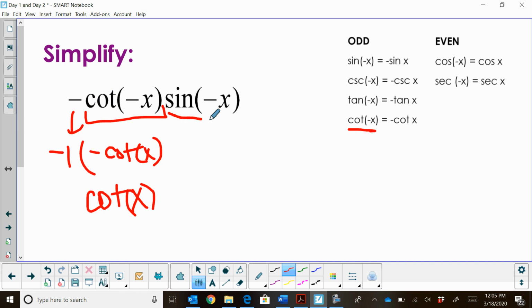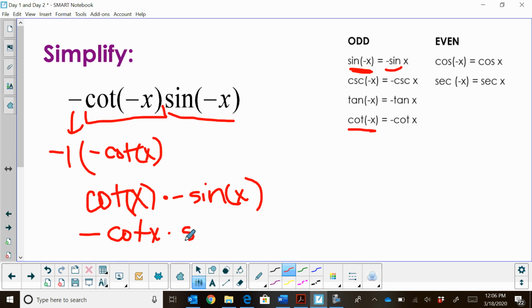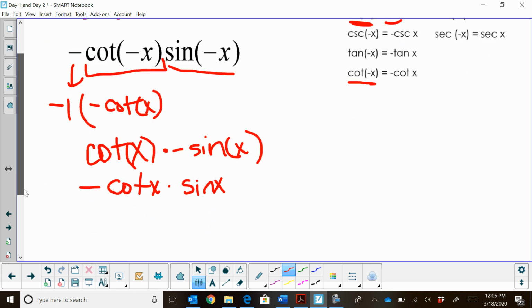Now let's look at the sine part. Okay, sine is also an odd function, so I can replace sine of negative x with negative sine of x. So that's times negative sine of x. So what does all this simplify to? Well, negative cotangent of x times sine of x. So the term is actually negative.